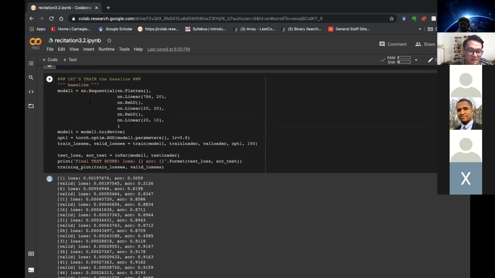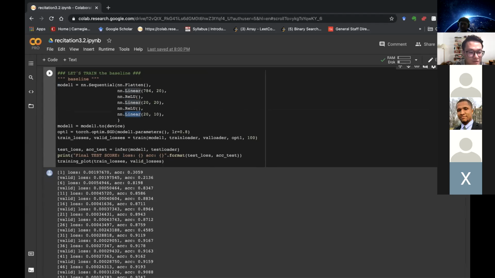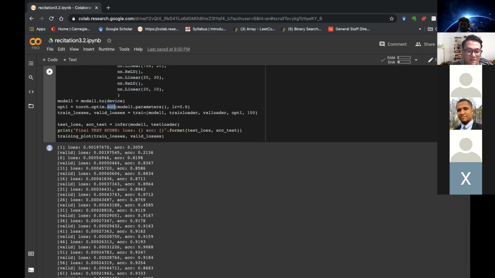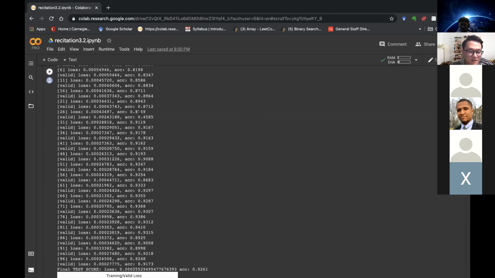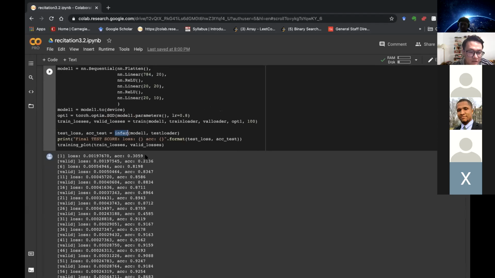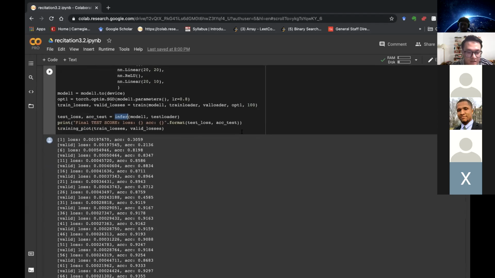So this is my toy model. Yeah, this is linear, ReLU, and linear, ReLU, and linear. So this is the SGD optimizer, and this is the training and inference, and I guess it's 100 epochs.